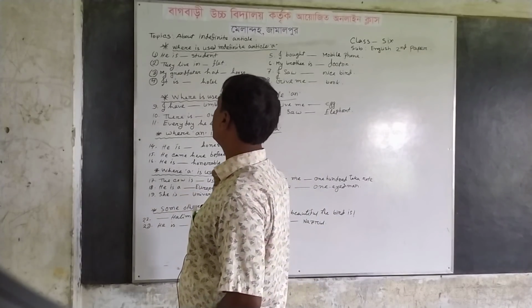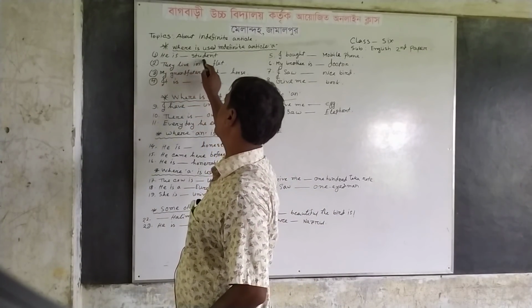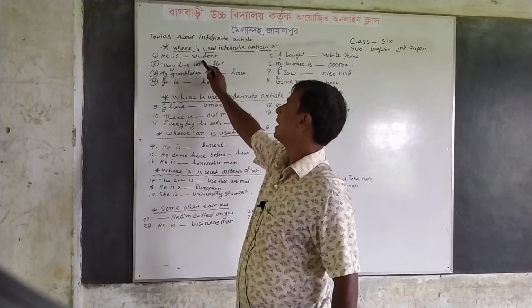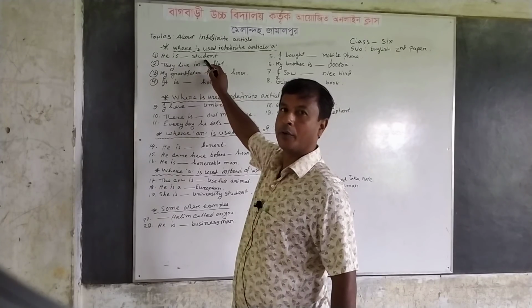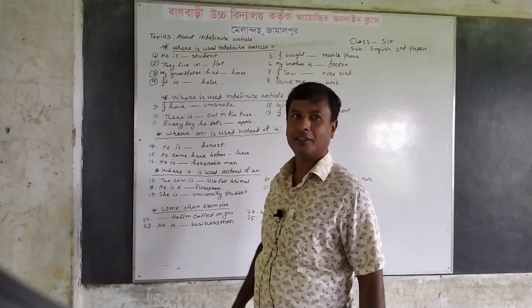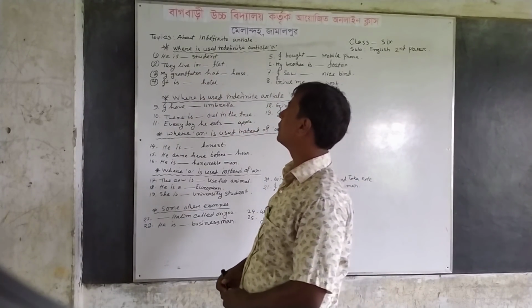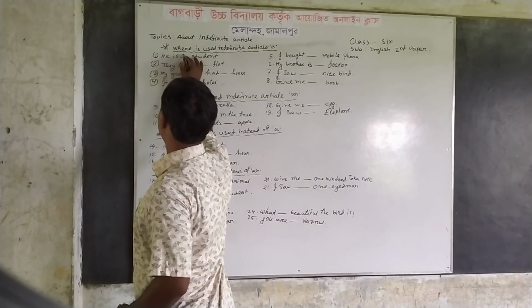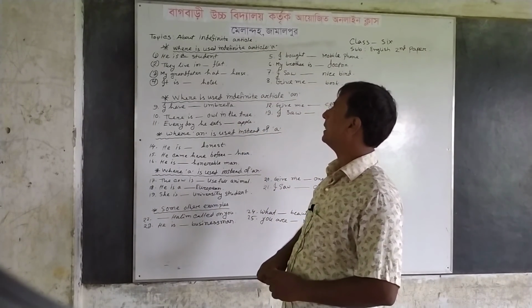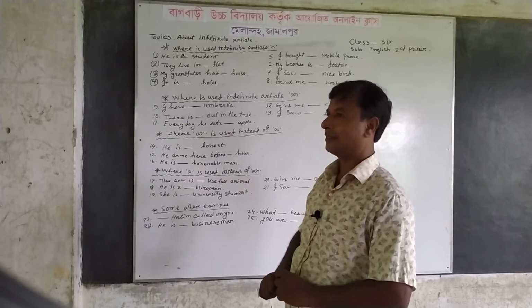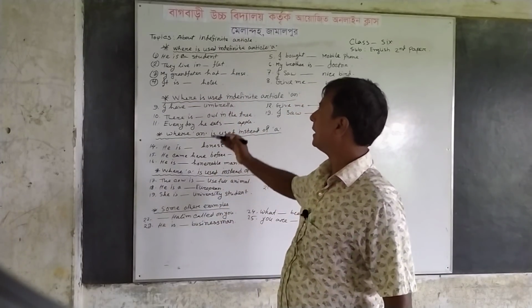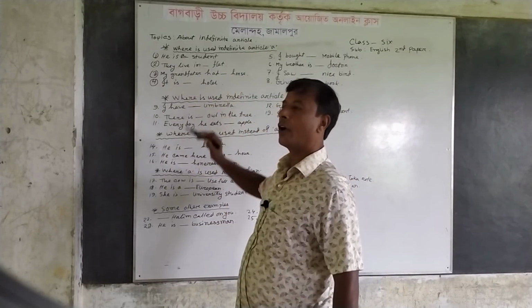The first example, he is a student. Here, student is a singular countable noun and its first letter is S, which is consonant. So, we shall use A before student. The next example, they live in a flat. Here flat is a singular countable noun and its first letter is F, which is consonant.